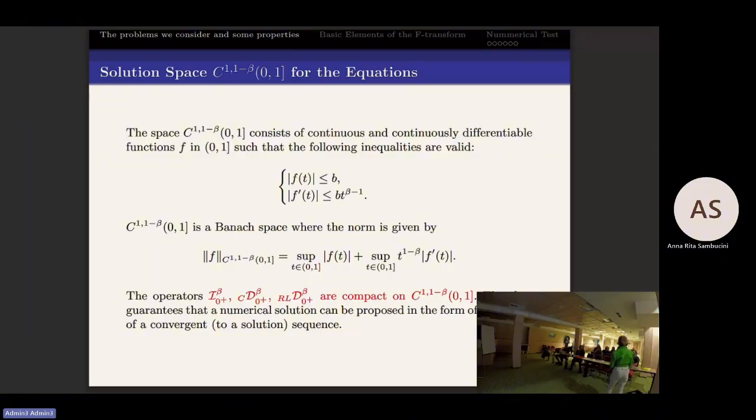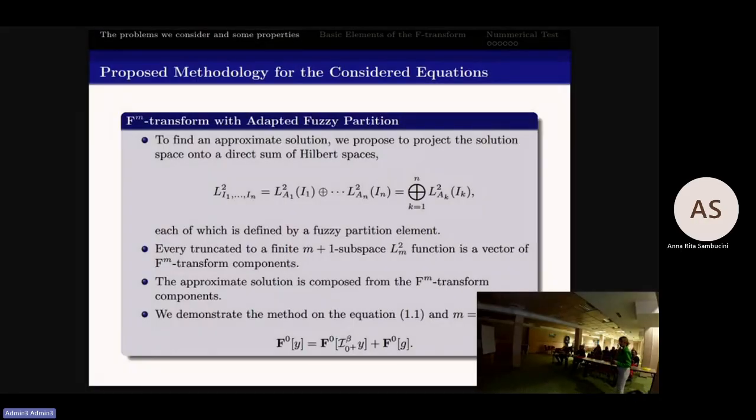So important to have Banach space means that the solution can be found as a sequence of approximations. Otherwise, the closeness of this space is not important. However, for this particular problem, we need closeness, and we need closeness with respect to this norm. It should be respected. Okay, so let's go.